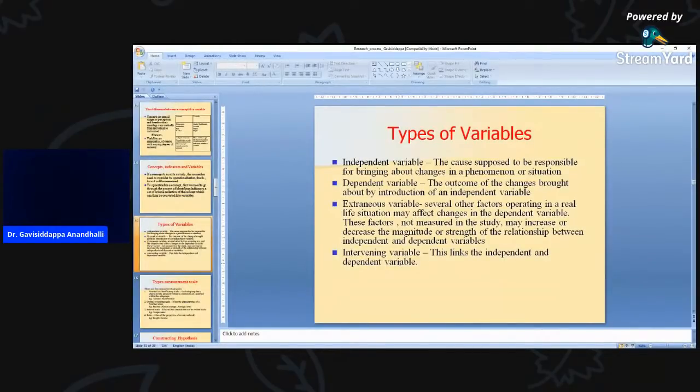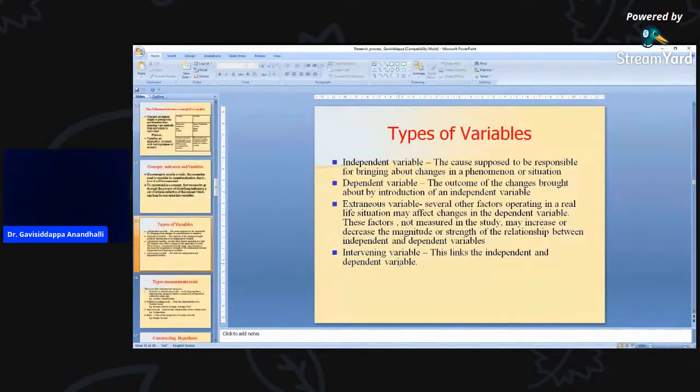Next one is the extraneous variable. These extraneous variables are those that do not influence directly, but their effect can be seen on the dependent variable. For example, when vegetable prices go up in the market, we are not going to measure the effect of petrol and diesel rates, but indirectly they lead to increasing the rates of vegetables.